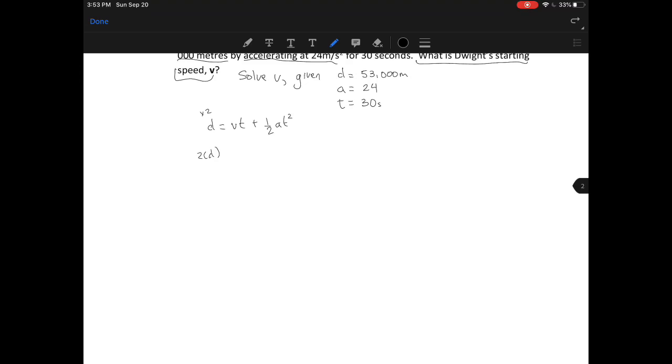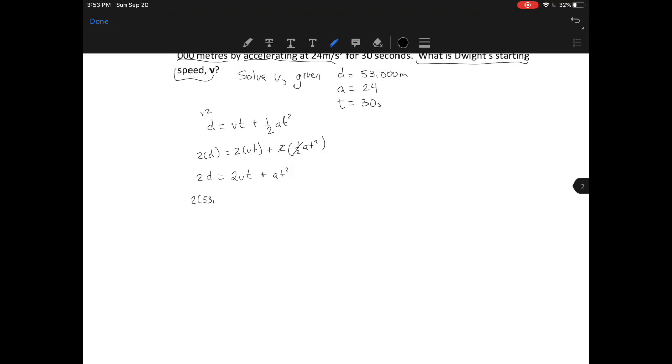So 2 times D is equal to 2 times VT plus 2 times 1/2 AT squared. And that 2 will cancel with that fraction and we'll be left with 2D is equal to 2VT plus AT squared.